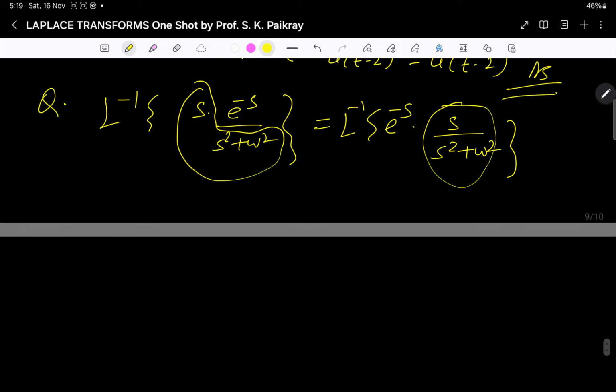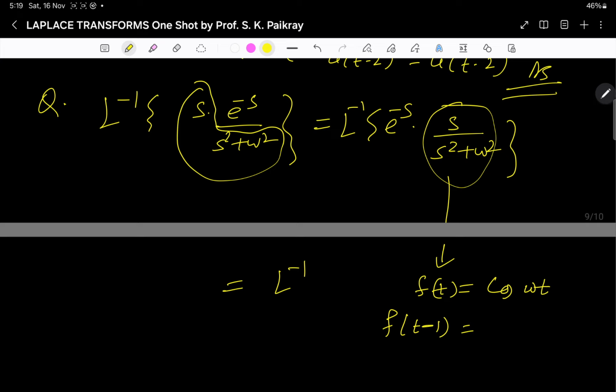So what is your f(t) now? f(t) is cos omega t. So f(t) is here cos omega t, but you need f(t minus a). Here a is 1. So this is cos omega (t minus 1).